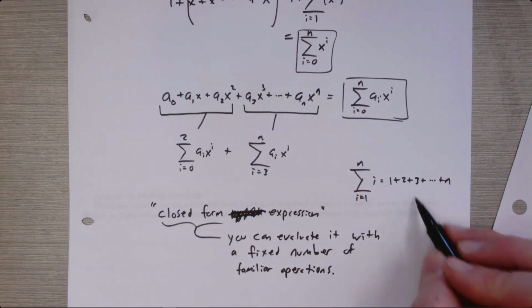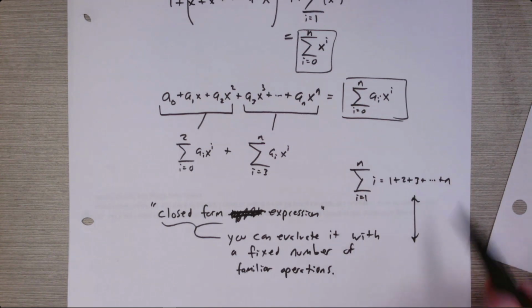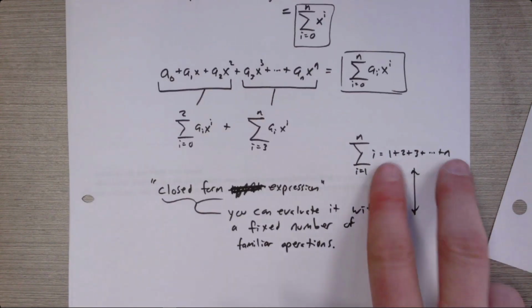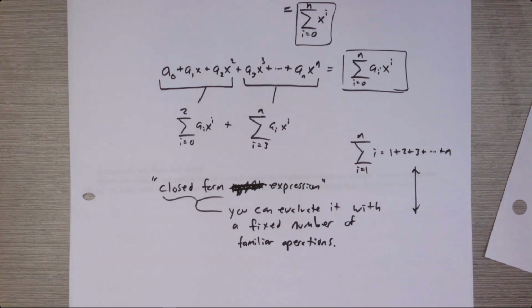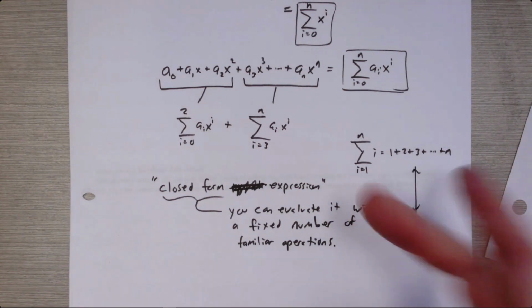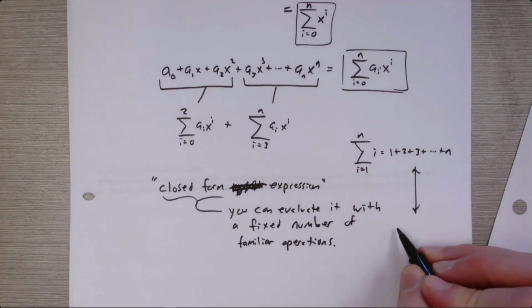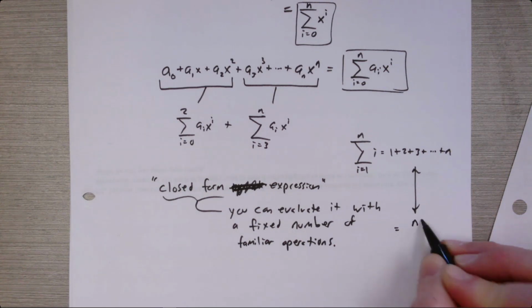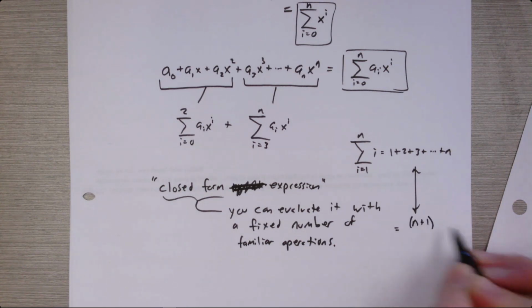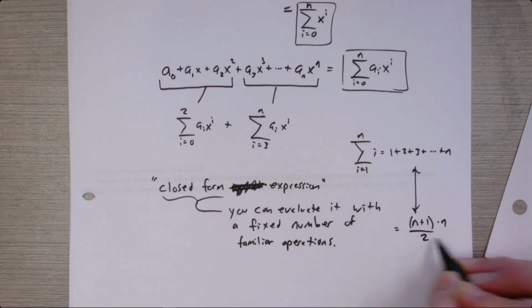A closed form version of this same sum would be if we actually used the arithmetic sum equation that we derived. If I were to write this backwards and sum and simplify, I would get that this same thing is equal to n plus 1 times n over 2.